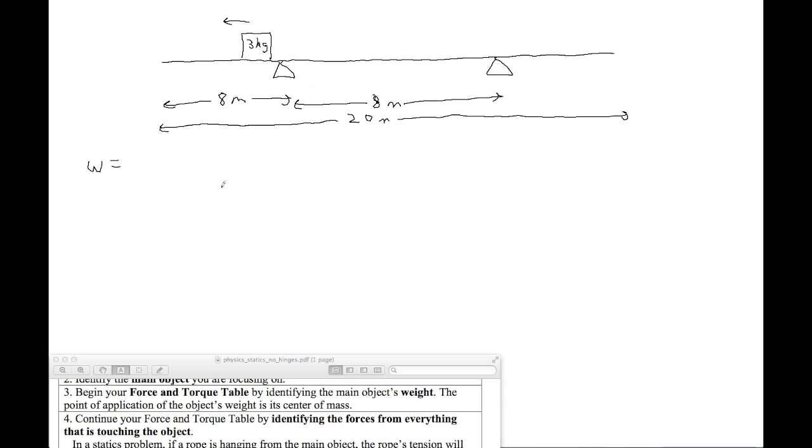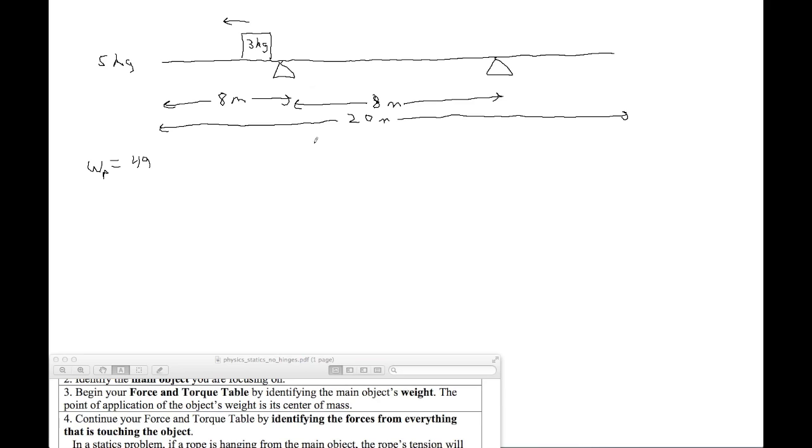So the weight of the object is, I'm sorry, which one do we mean here? So what we want is the weight of the main object, the plank. So that's 49 newtons. In the old problem I told you the mass of the plank was 5 kilograms.